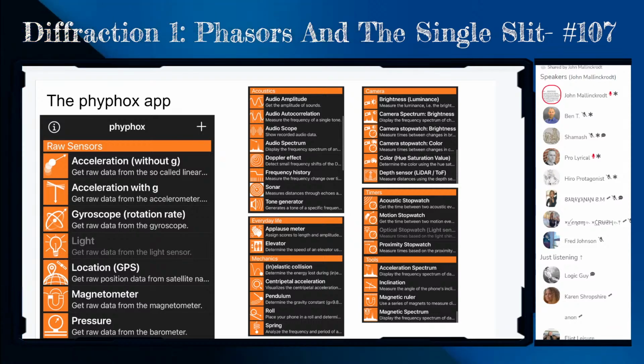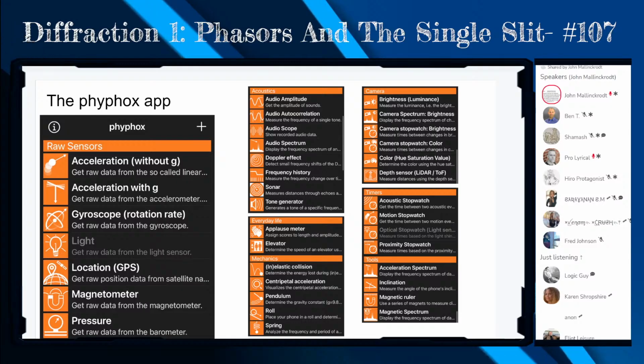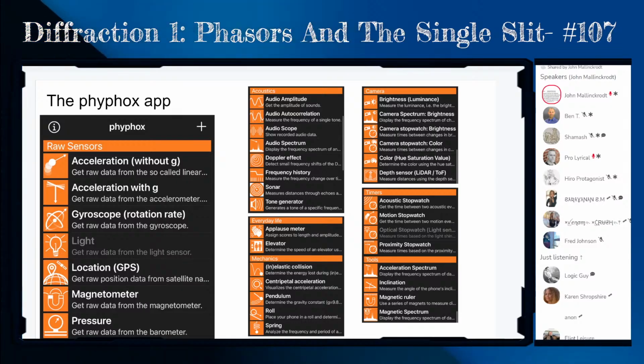So the app must have updated recently with new things, but I don't think most of the things beyond the raw sensor section are just the raw sensor data; they're analyses using the raw sensor. And I just like the things you can do just by looking at the raw pressure and accelerometer especially.